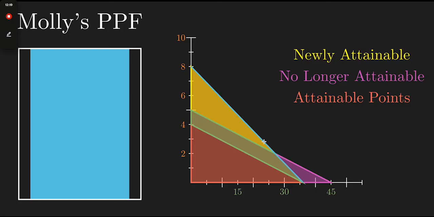So we lost everything in this green when we cut back our hours. But when we improved our technology growing carrots, we then gained them back. So we could call these, and I don't have this on the screen, our reattainable points, or points that have become attainable again.